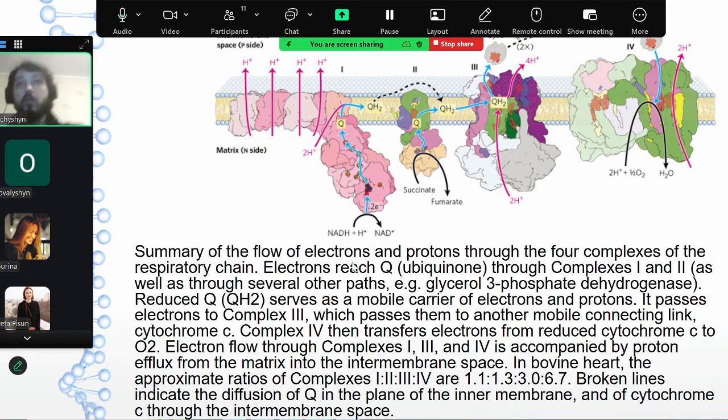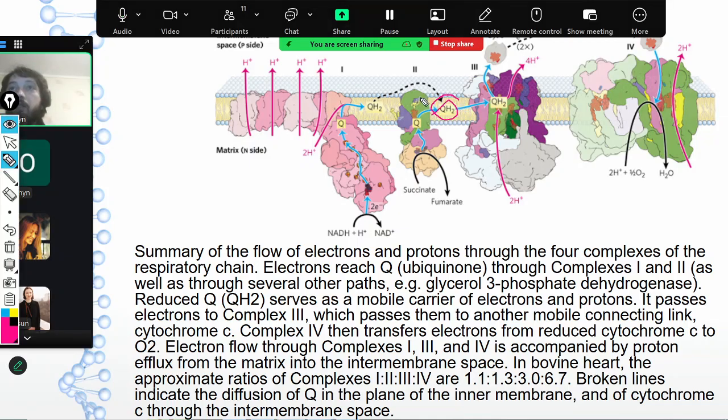So here is this summary of the electron flow and the protons through the four complexes of the respiratory chain, and one more name of the electron transport chain. Electrons reach ubiquinone through complexes 1 and 2 as well as through several other paths. Reduced Q serves as a mobile carrier of electrons and protons. So here you see that ubiquinone can transfer electrons from one complex to another.